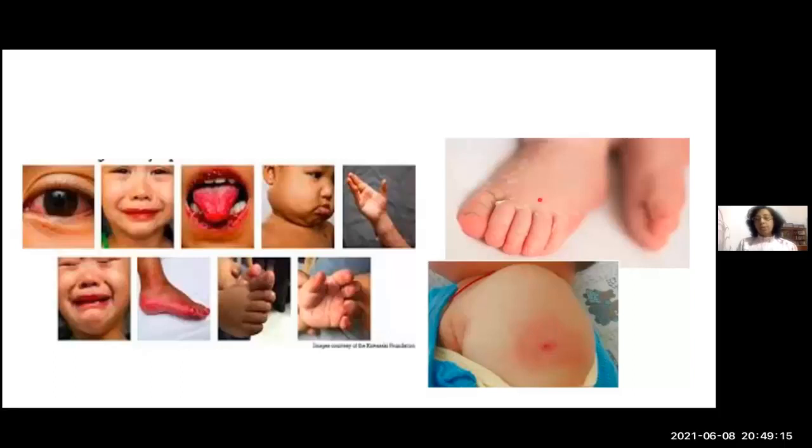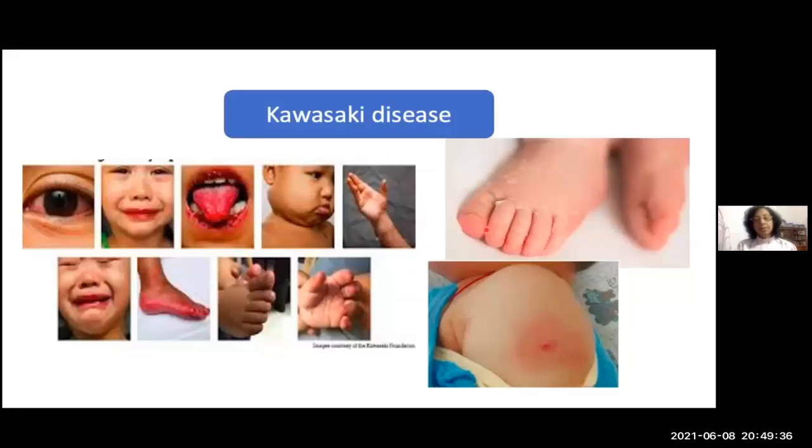So this is a picture taken after a few weeks of the illness, which shows periungual peeling. So what is this condition? Somebody who doesn't know about this condition can easily think that this is an infection. So this is Kawasaki disease.